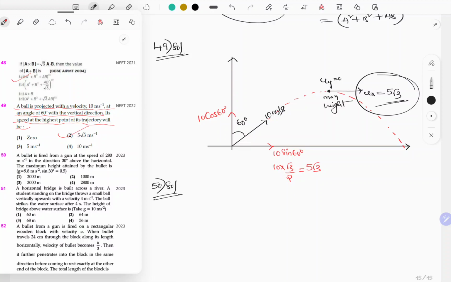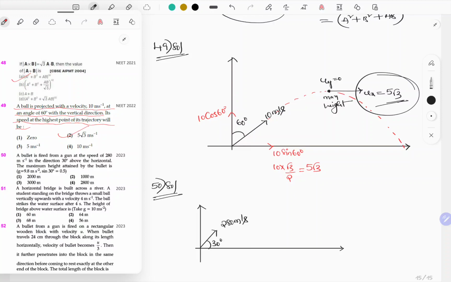A bullet is fired from a gun at a speed of 280 meter per second in the direction 30 degrees above the horizontal. Okay. Super. What is the initial velocity? 280 meter per second at an angle 30 degrees with respect to horizontal.